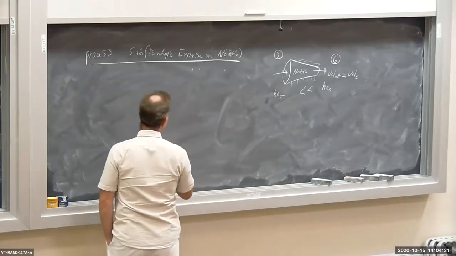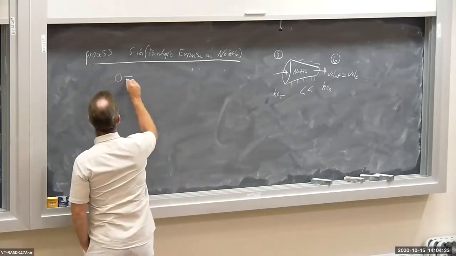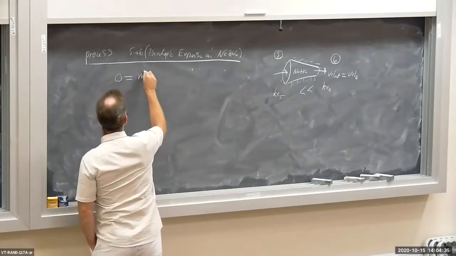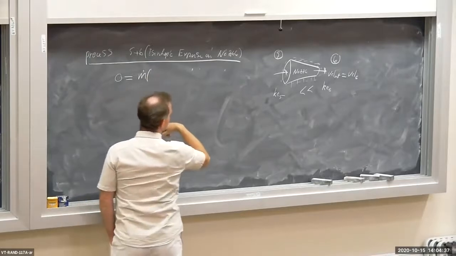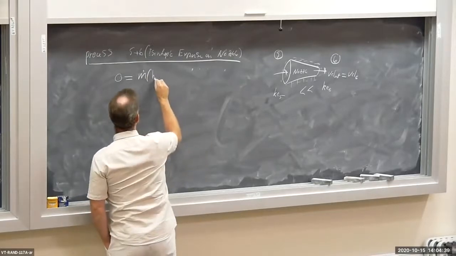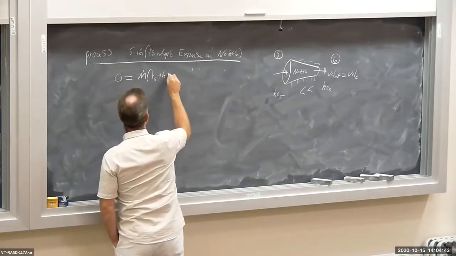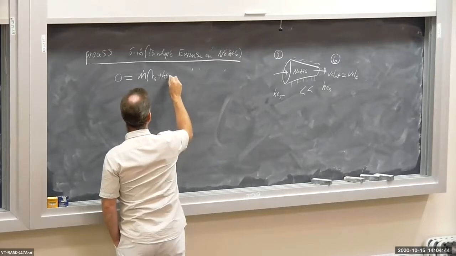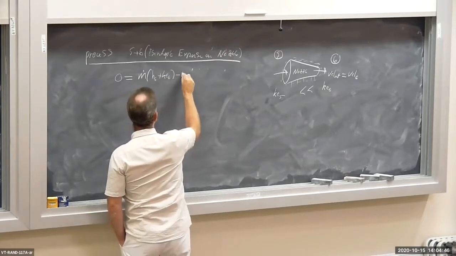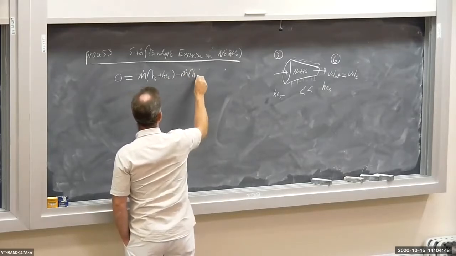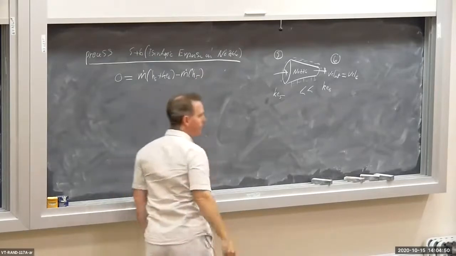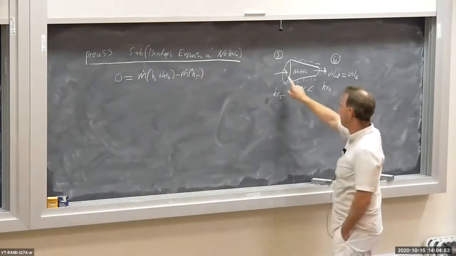So when I get my energy balance here, I'm going to get 0 is equal to m dot h out, which is h6, plus ke out, which is ke6, minus m dot h5, and I'm neglecting the kinetic energy term at the inlet.